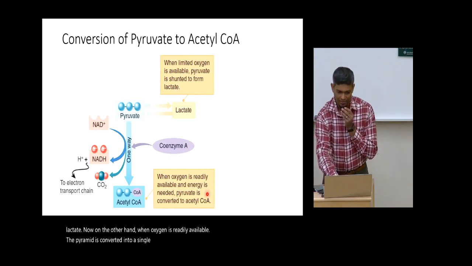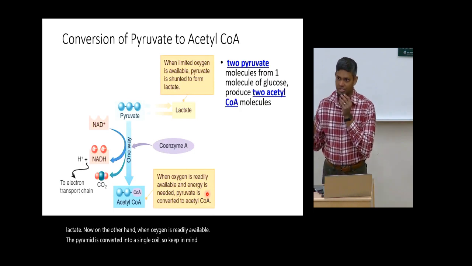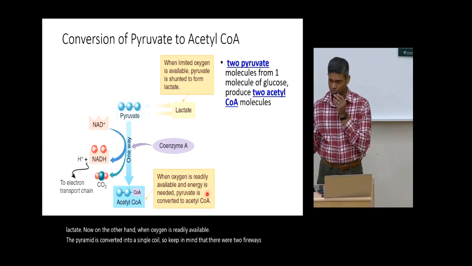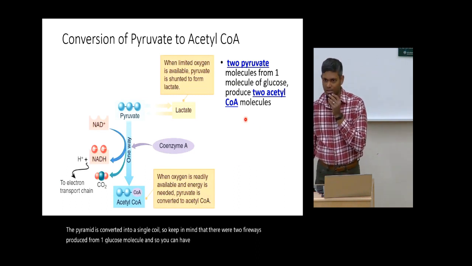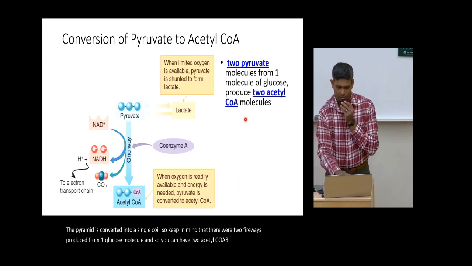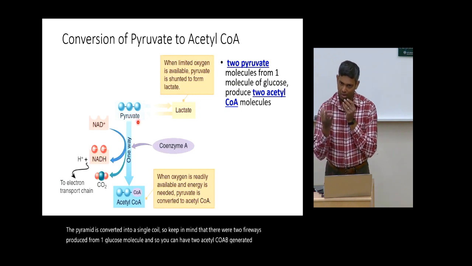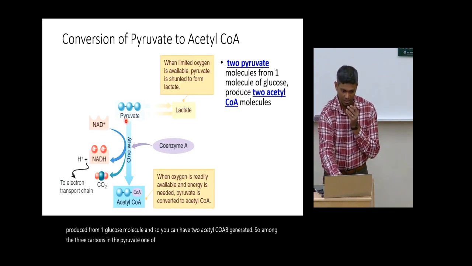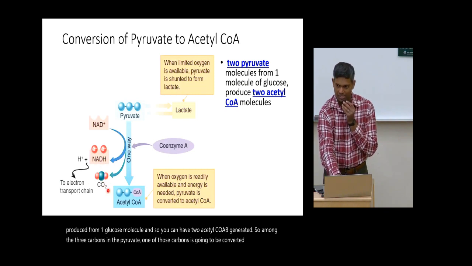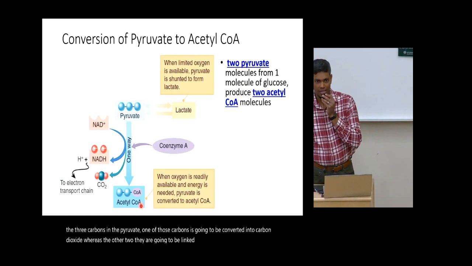So keep in mind that there were 2 pyruvates produced from one glucose molecule, and so you can have 2 acetyl CoA being generated. Among the 3 carbons in the pyruvate, one of those carbons is going to be converted into carbon dioxide, whereas the other 2 are going to be linked to coenzyme A to form acetyl CoA.